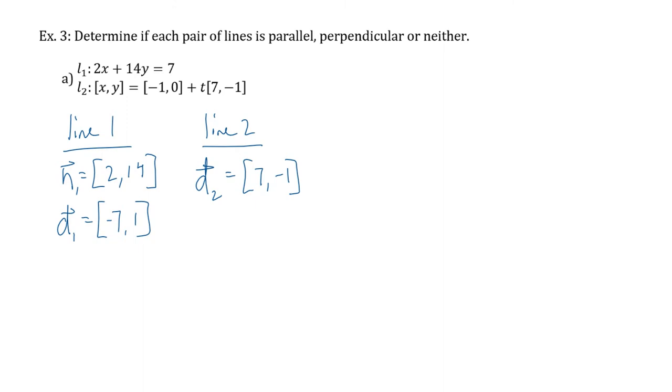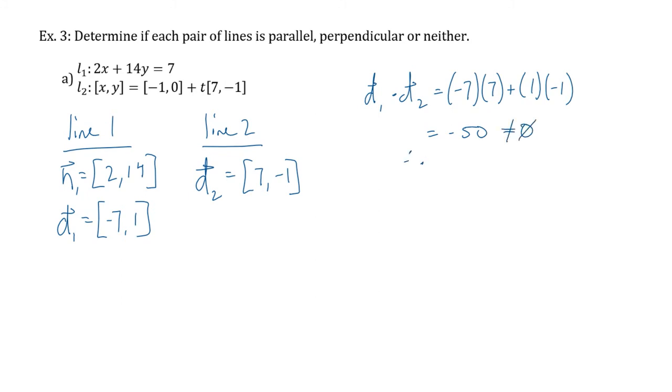Let's see. I am going to check the dot product. D1 dot D2 will be -7 times +7 plus 1 times -1, which is -49 plus -1, which is -50, which does not equal 0, therefore not perpendicular.